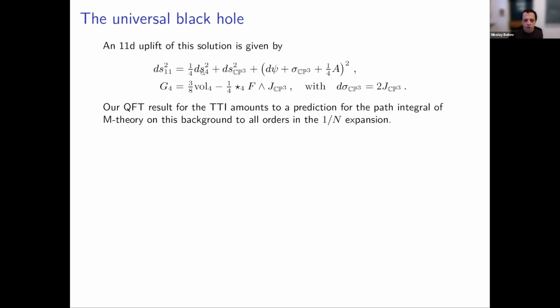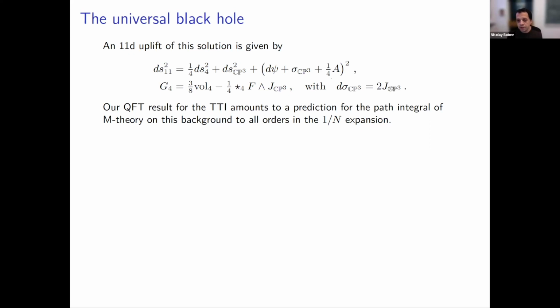You take the metric on the previous slide, you attach a CP3, and then you attach a U1 bundle on top of the CP3, and in addition, this Maxwell field which I have for 4D becomes a Kaluza-Klein vibration, if you wish. So this is an additional vibration of the circle over the Riemann surface that is inside of this 4D space, and then there's a corresponding expression for the 4-form flux.